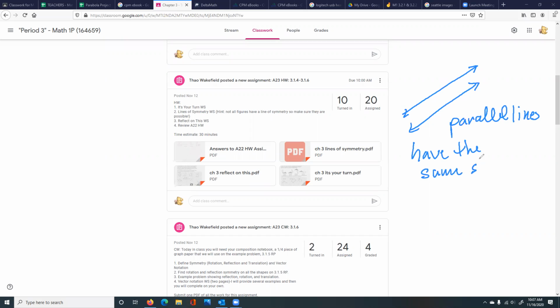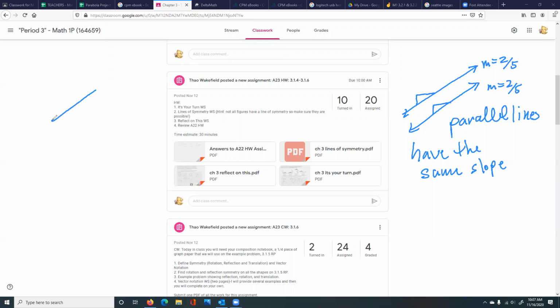They have the same slope, right? Because they're going in the same direction. So the rise over the run for this line is going to be the same as the rise over run for that line because they're increasing at the same rate. So if the slope of this line is, let's say, 2/5, then the slope of this line is also going to be 2/5, if they're parallel. So parallel lines are going to have the same slope.